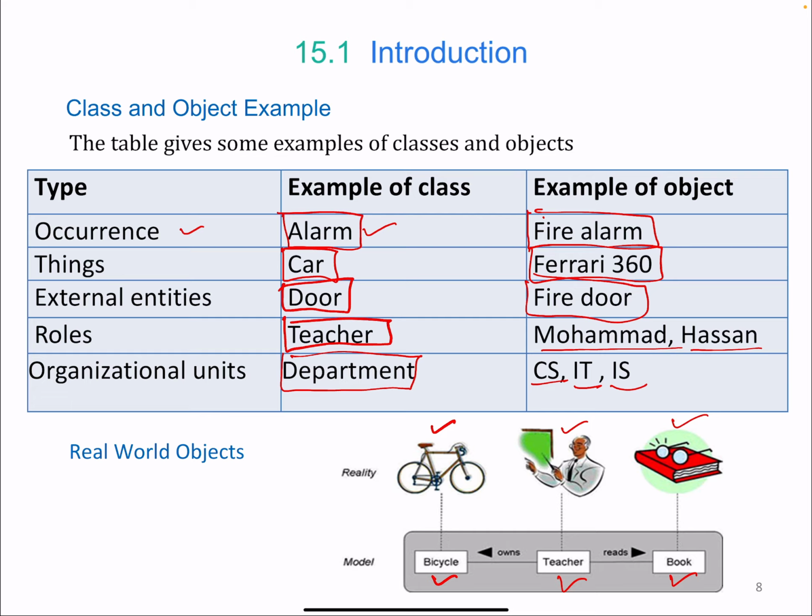These different objects in the real world do have relationships to each other. For example, a certain teacher may own a bicycle or may read a book. So you have these relationships going on between objects in the real world, and this is something that can be modeled in object-oriented programming languages.